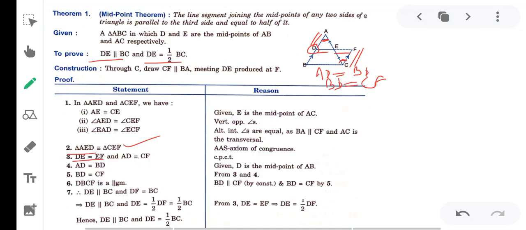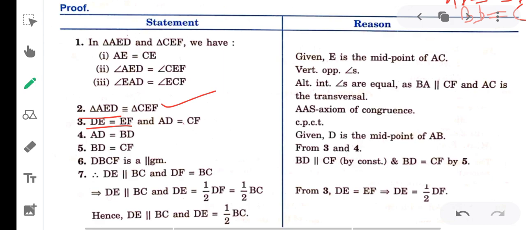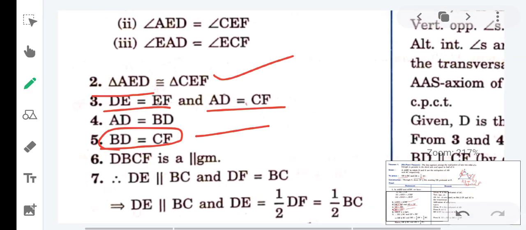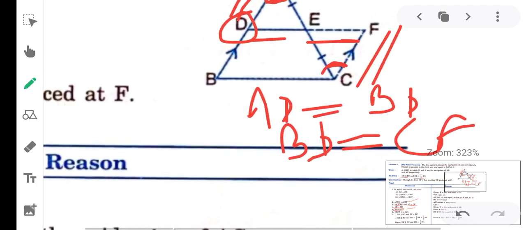Clear? If AD equals BD because D is the midpoint, and we have already proved that AD equals CF, so instead of AD we can write CF, so BD equals CF. Clear? Now DBCF is a parallelogram. How?